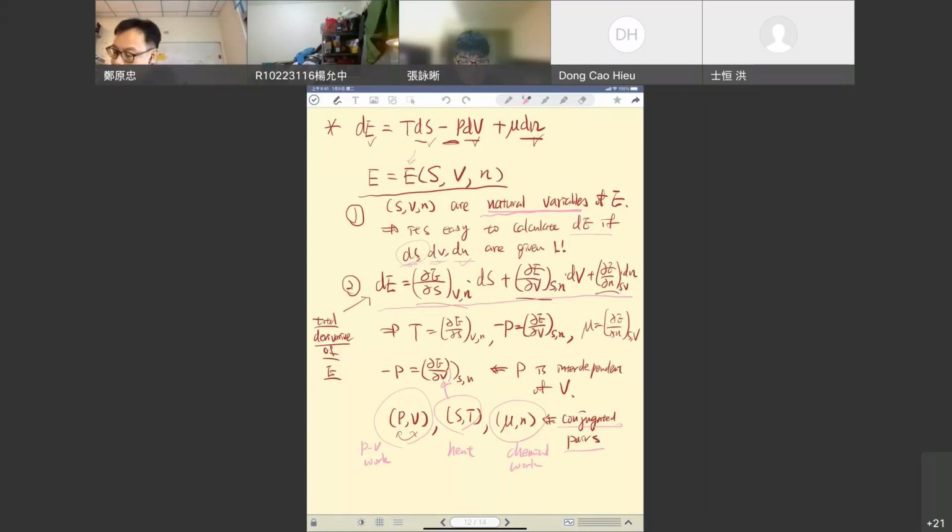But now we found out that actually S and T are a conjugated pair. They are conjugated variables. So S depends on T, T depends on S. This means we should be able to switch these two variables. So instead of using S, V, N as natural variables, we should be able to use T, V, N as natural variables.